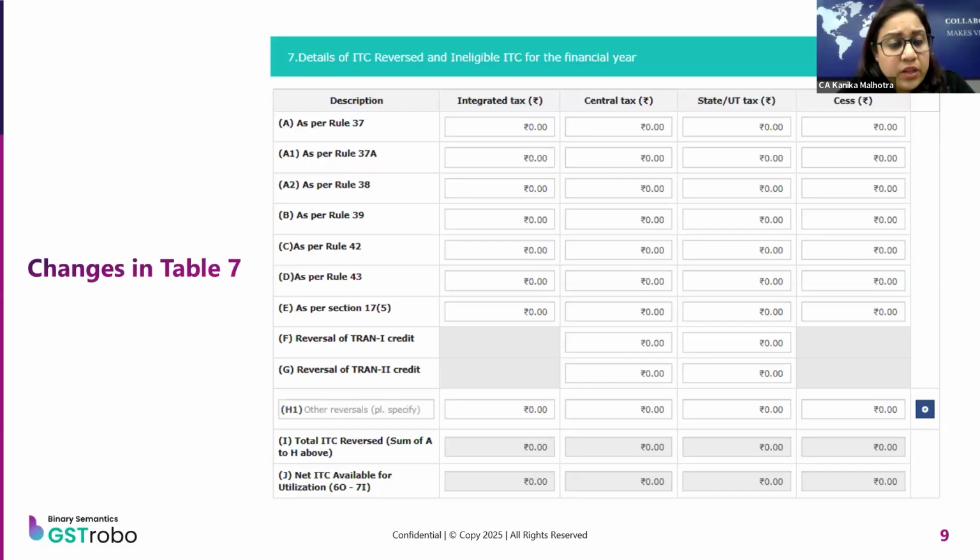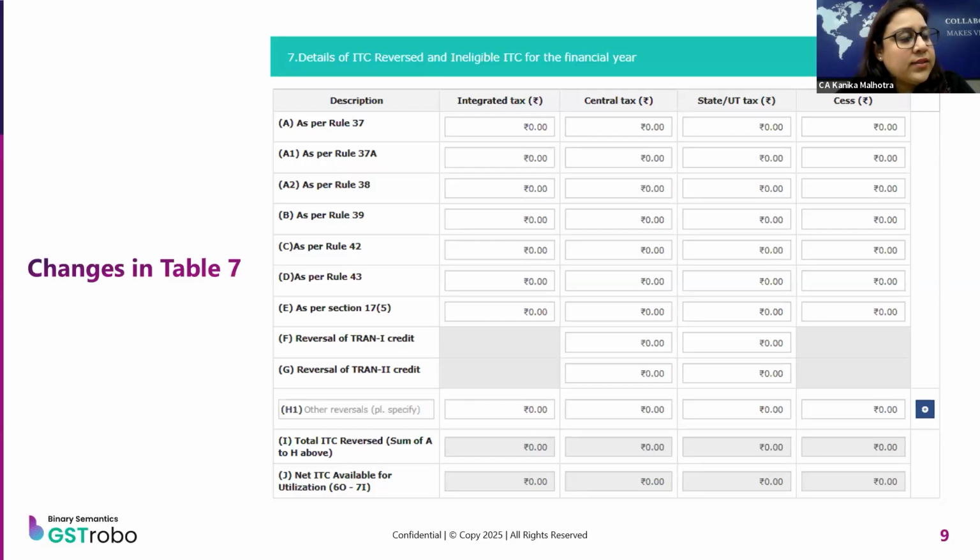The reversals are not reflected, because table 8 basically shows you the ITC that is there in GSTR 2B. And you are talking about one reversal in table H1, right? If you have already uploaded it in 4B2, it's a temporary reversal, so I think it would be taken care of once you have filed the 3B.